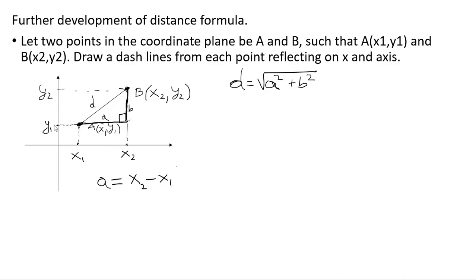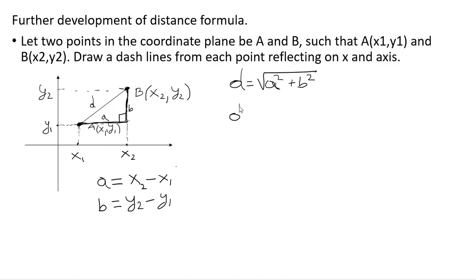Oh, initial point is going to be y1 and terminal point is going to be y2, so b is equal to y2 minus y1. You can also do x1 minus x2 and y1 minus y2. It doesn't matter because you're going to square it and you're going to end up with a positive number either way. So that's really not a big deal.